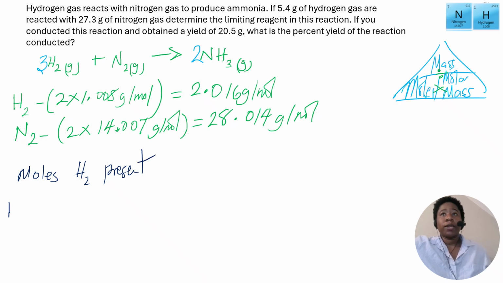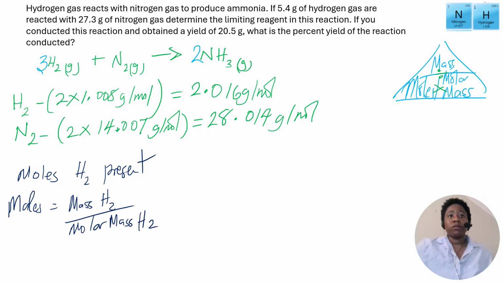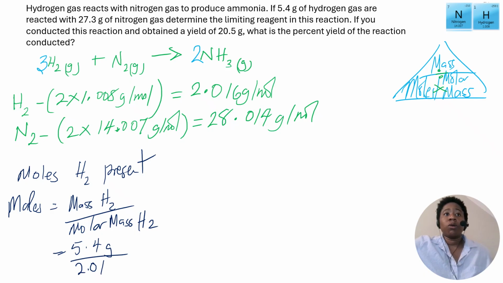Okay, and that is mass of hydrogen divided by the molar mass of hydrogen. And the question tells us the mass of hydrogen. We're told that we have 5.4 grams, and the molar mass is 2.016 grams per mole.